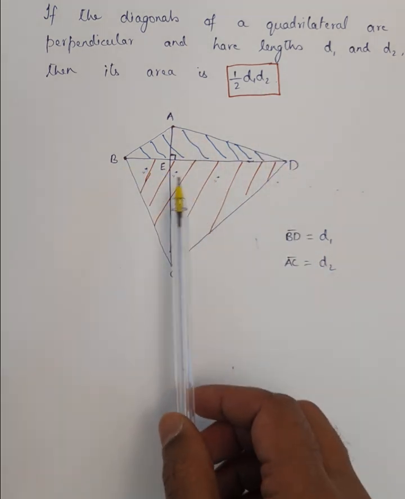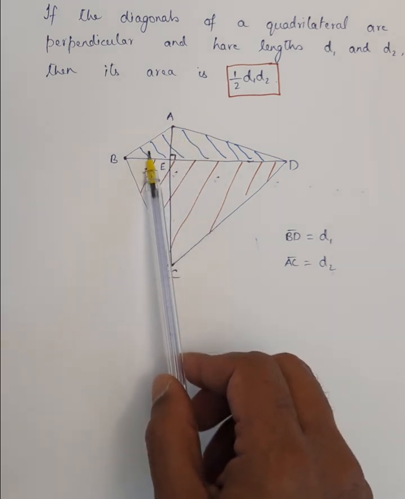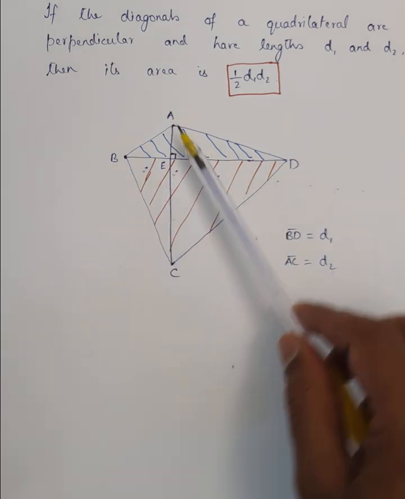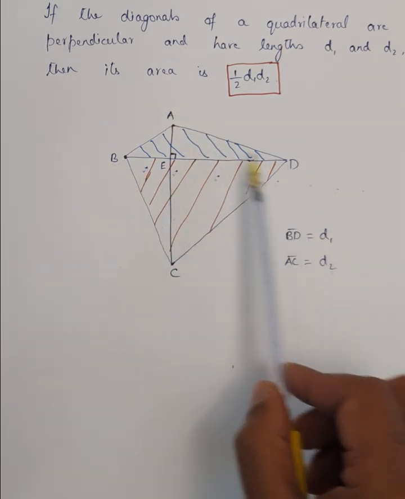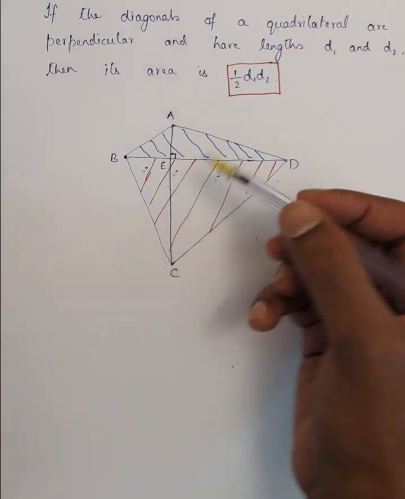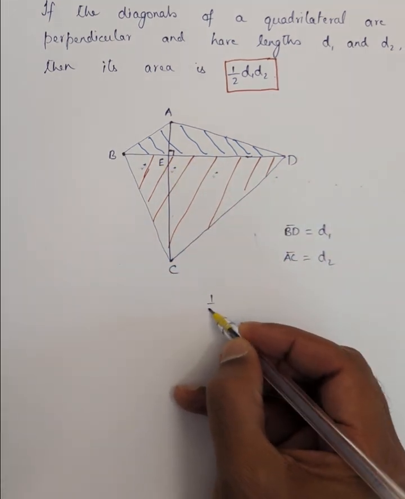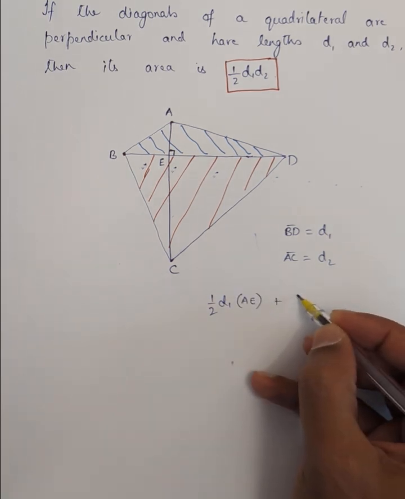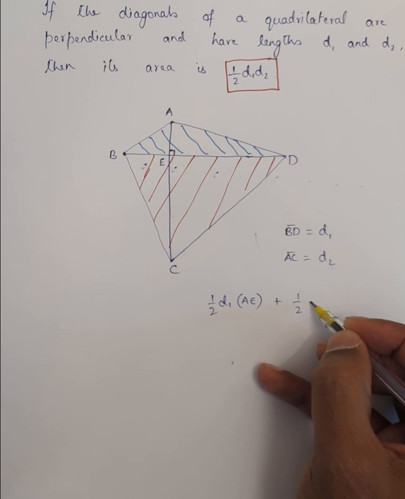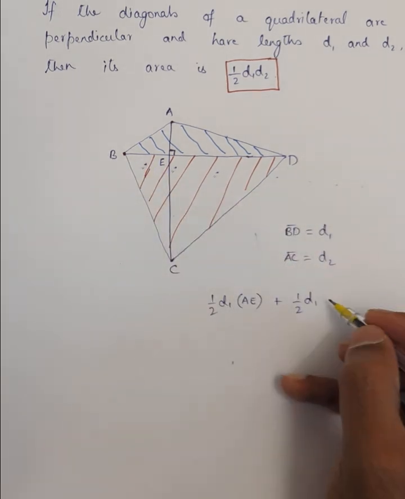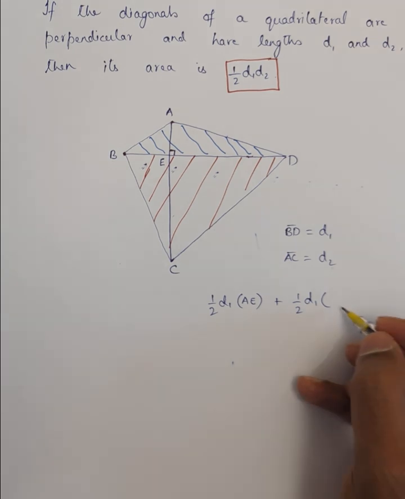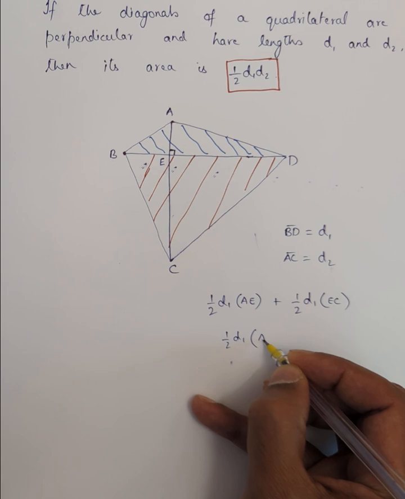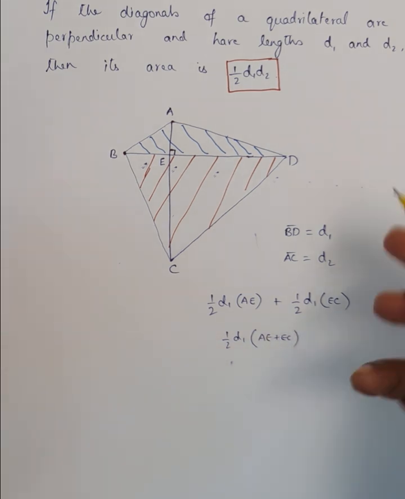And it's easy to see that because notice the blue shaded area will be, so let's say BD is d1 and this is d2, so blue shaded area would be 1/2 times d1 times AE. And the red shaded area would be 1/2 times, again, base times height, but height this time is EC. So if you factor out 1/2 d1, then you get AE plus EC, which is nothing but d2.